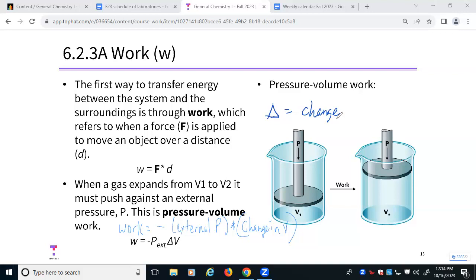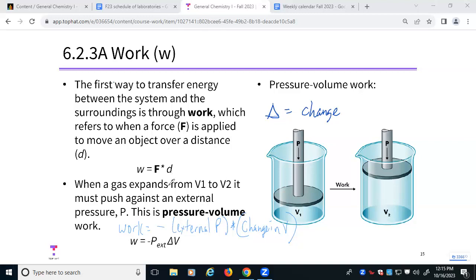So delta V tells us that we're looking at a change in volume here. In other scenarios, we've already seen things like delta E for change in energy.